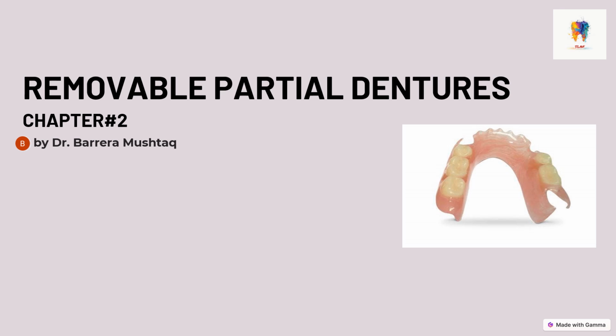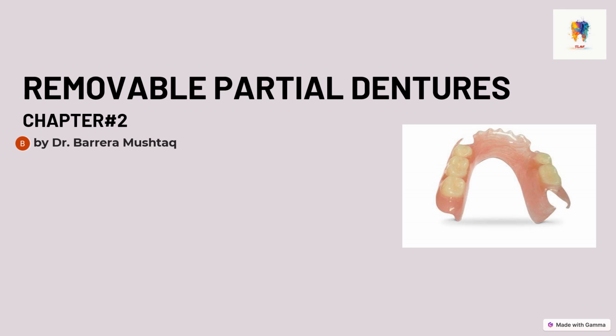So we started our prosthodontics, in which we did our removable partial dentures in the previous lecture. We did chapter 1, in which we had a basic idea about what partial dentures are, and in this lecture we will be covering chapter 2, types of removable partial dentures, not prosthodontics.